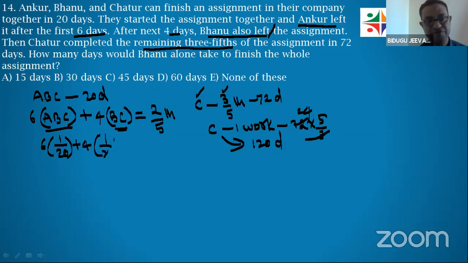Take it as 1 by X, equal to 2 by 5. So 6 into 1 by 20 is 3 by 10. 4 by X is equal to 2 by 5 minus 3 by 10.